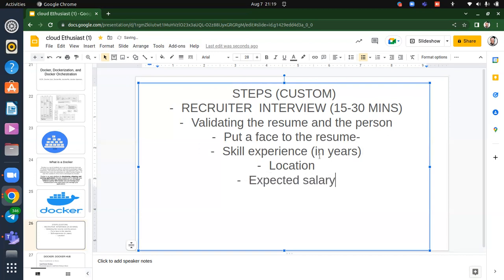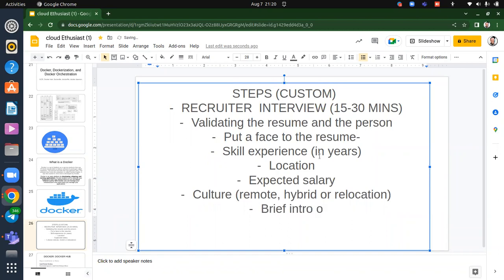They will also ask about the culture, which refers to either remote, hybrid, or relocation. That's the first interview. Some will tell you the amount attached to the role, but some will just tell you the location, the type of culture, and give you a brief intro of the company.